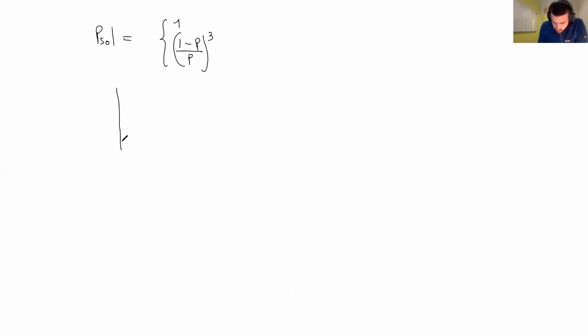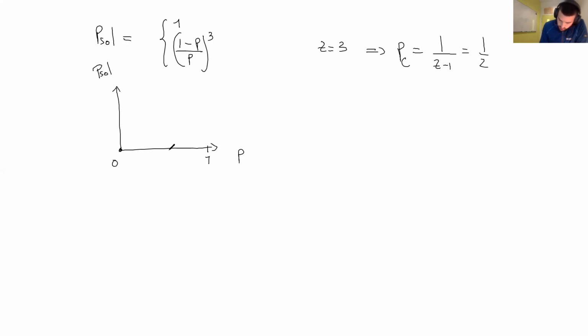And we could now plot everything as a function of p, which is the control parameter, so between 0 and 1. Remember that since z equals 3, then pc is 1/(z minus 1), so it's 1/2. So pc is here. And those two solutions, we can plot them.